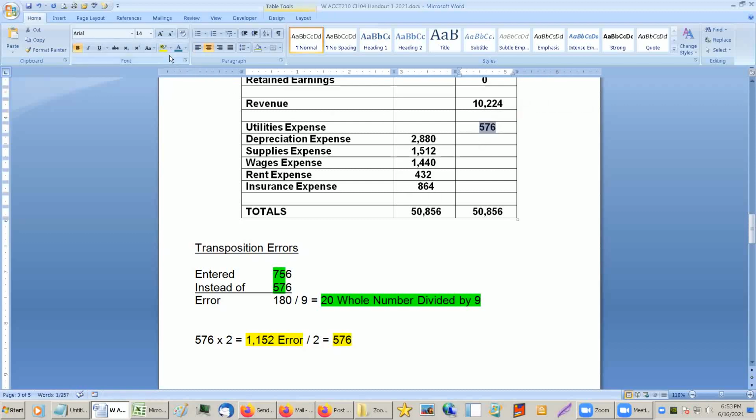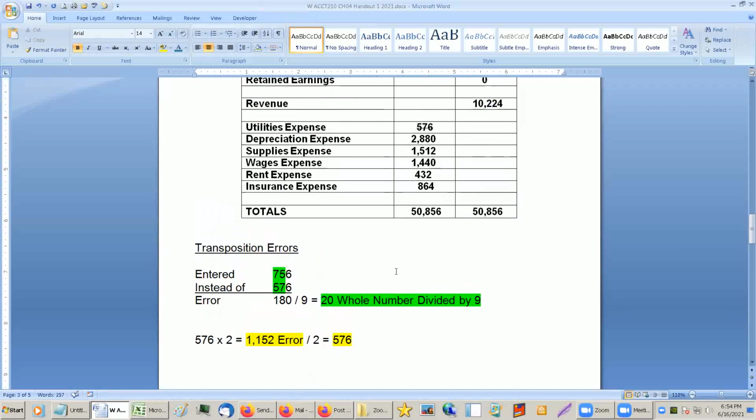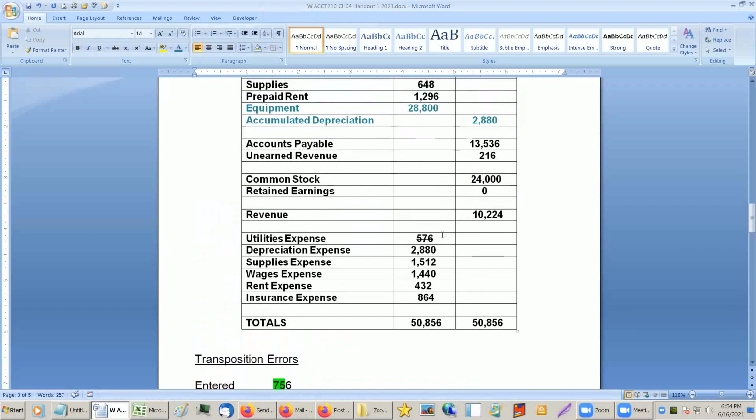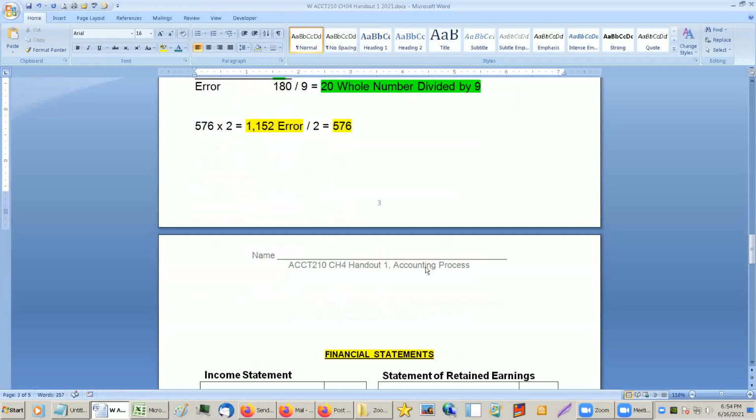Oh, wait a minute. That shouldn't go there. That should go over here. So if you don't see the number on there, divide it by 2, and it might be that you have a debit as a credit or vice versa.